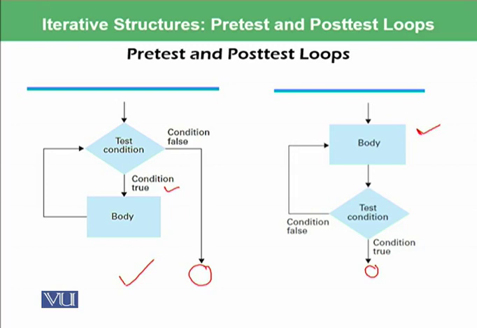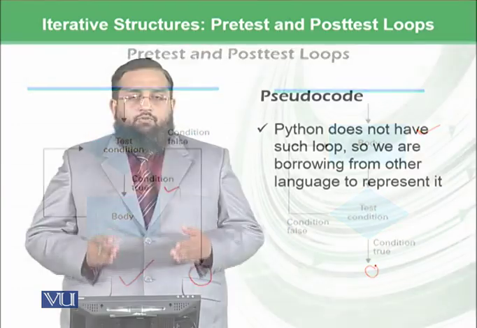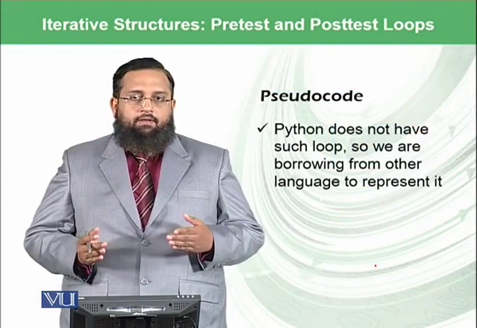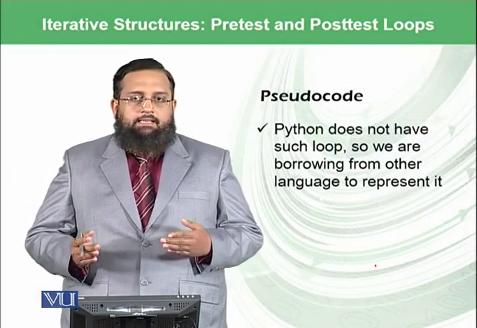And in different languages this is a little bit different. For example, on the true condition it will again go to the body, and on false condition it will end. In this module we are talking about such a loop which checks the condition after the execution of the body, and such a loop does not exist in Python, which we are already using for pseudocode development in this course.